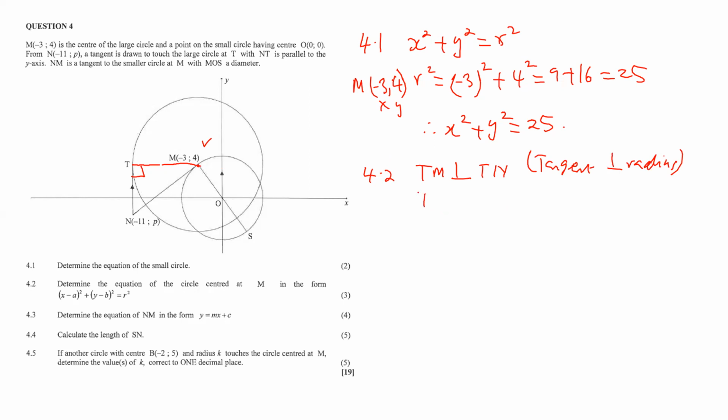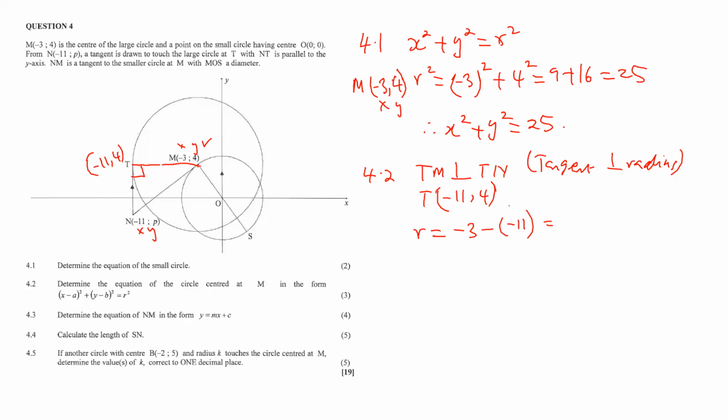So, which means T will have coordinates x equals minus 11, because you have x, y there. So the coordinates of T will therefore become minus 11 for x, and y will become 4 at the point T. Which means we have minus 3 minus minus 11.